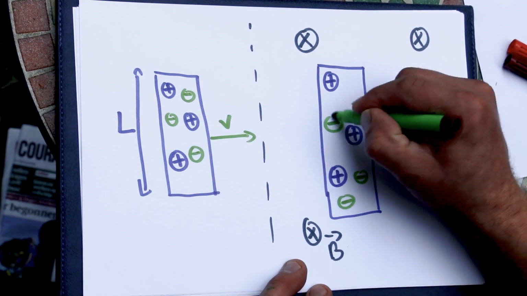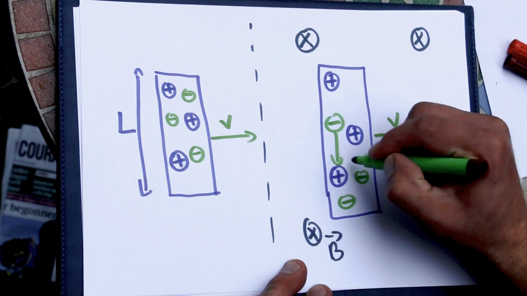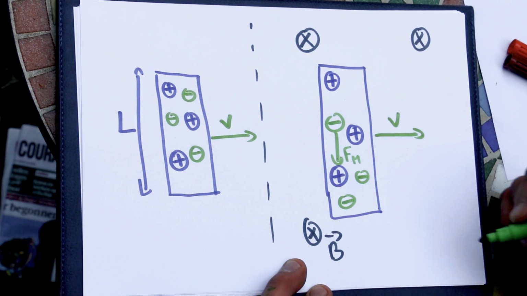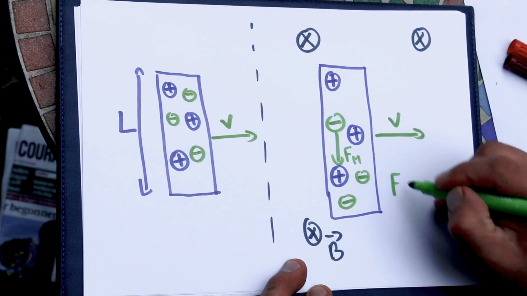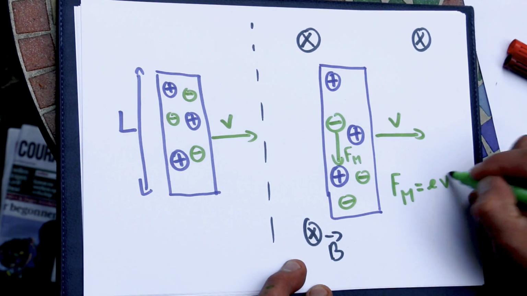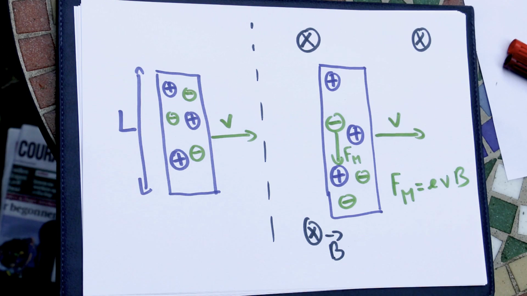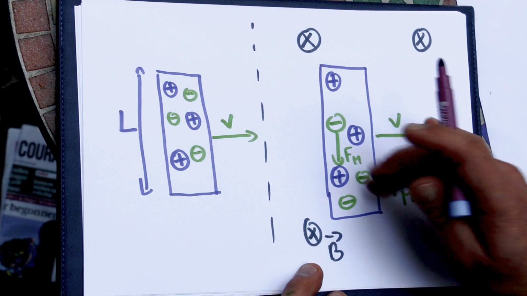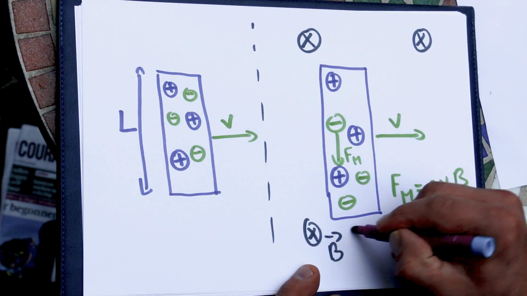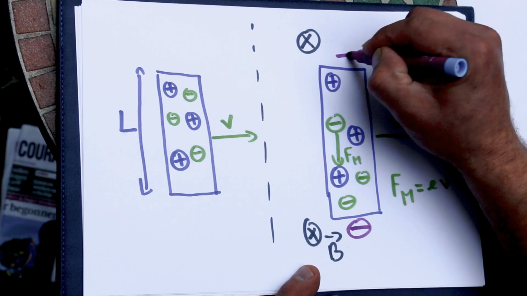Why? Because the electrons feel a magnetic force downwards, Fm. This magnetic force will be equal to qvB, but in the case of the electron, it's evB. So now you have your bar, and it has an accumulation of electrons downwards and some electrons missing upwards. Therefore, you have a negative charge here and a positive charge there.